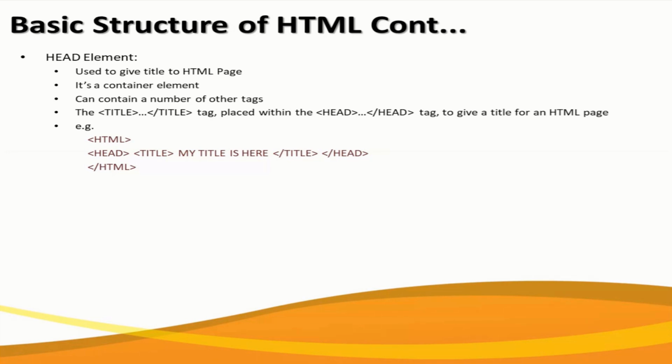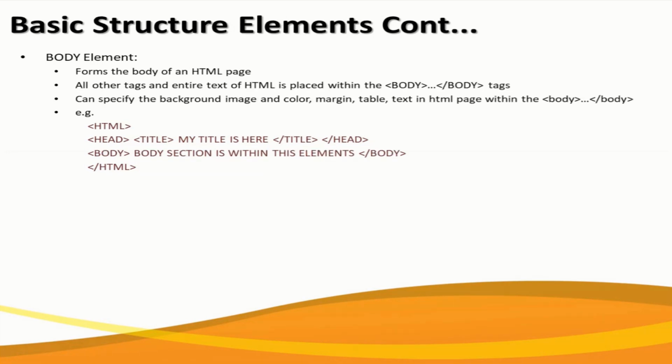The last element to form the basic structure of an HTML page is the body element. It is also a container element. It is used to form the body of the HTML page. All the things like text, background image, color, table, paragraph, heading, and lots more, put everything under the body element.